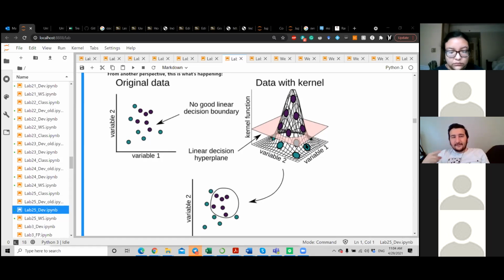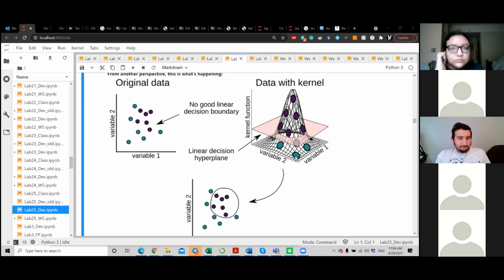Now, in a three-dimensional space, how will my hyperplane look? A plane. This pink plane is going to be my linear decision hyperplane. Can I move it up or down so that I can separate purples from greens?